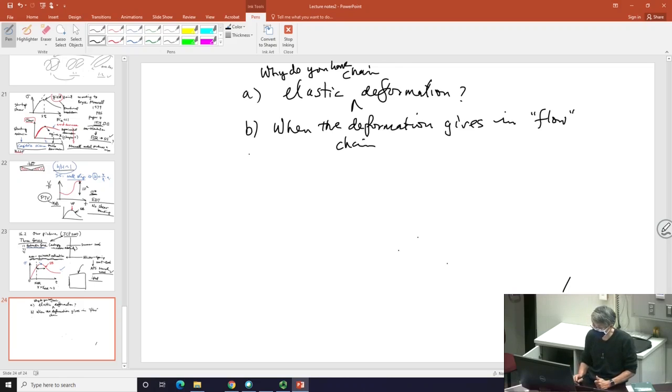Chain deformation ceases, if you like. If you don't like what I said. When does chain deformation cease?